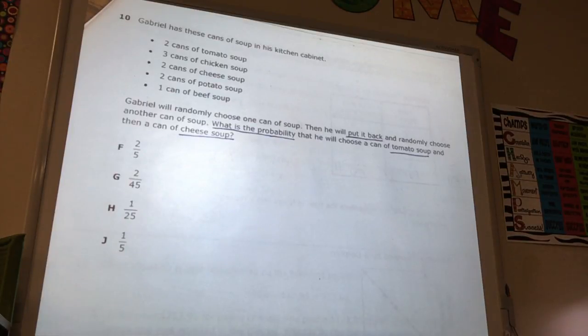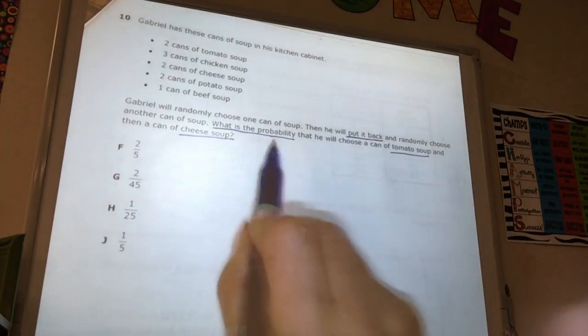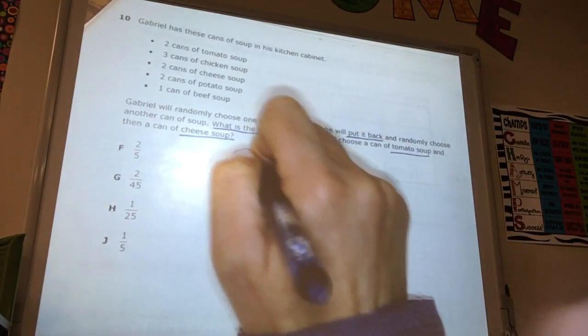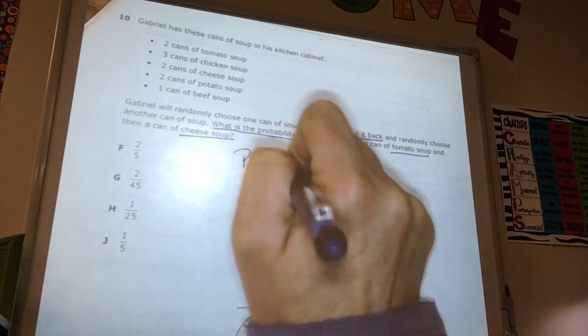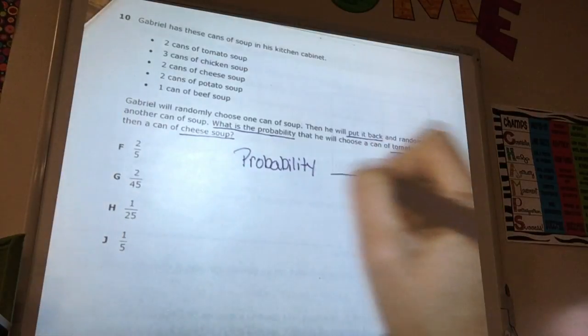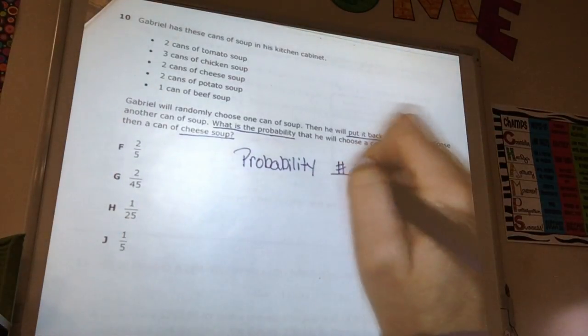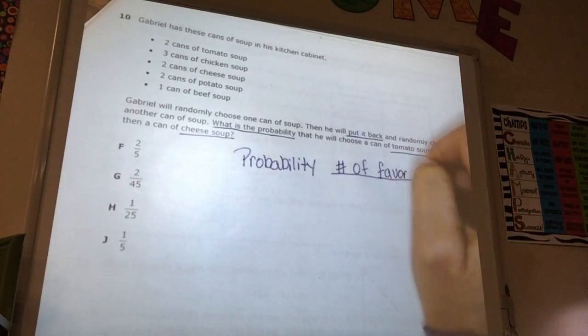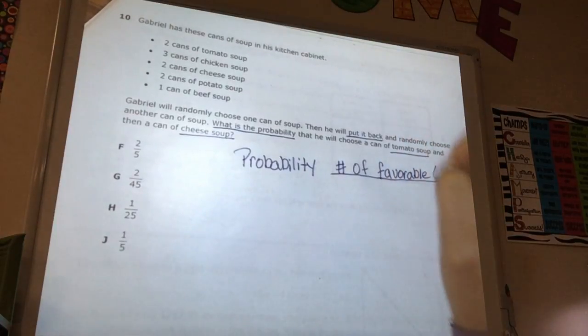The first thing we need to know is that when you see the word probability, probability is always going to be written as a fraction. Okay, and that fraction is going to look like this. The number of favorable, or a part.